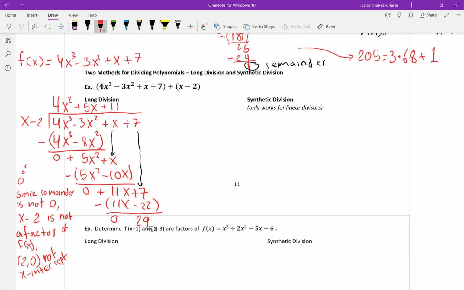Another thing to notice here is the remainder theorem. The remainder theorem says the following. Let's think about what f of 2 would be. Let me use my calculator real quickly to compute f of 2.